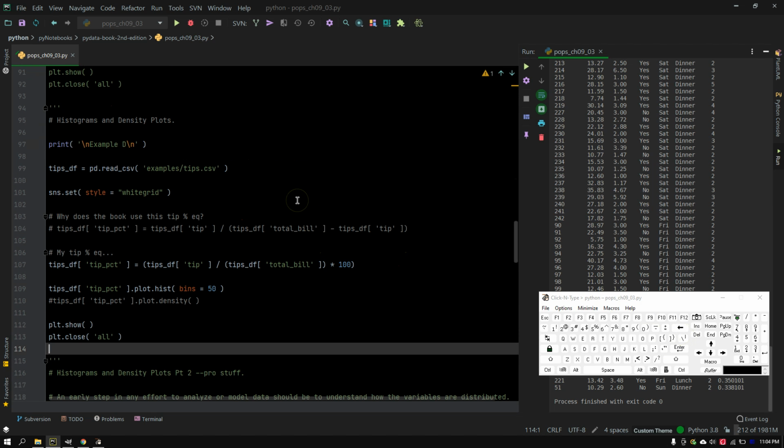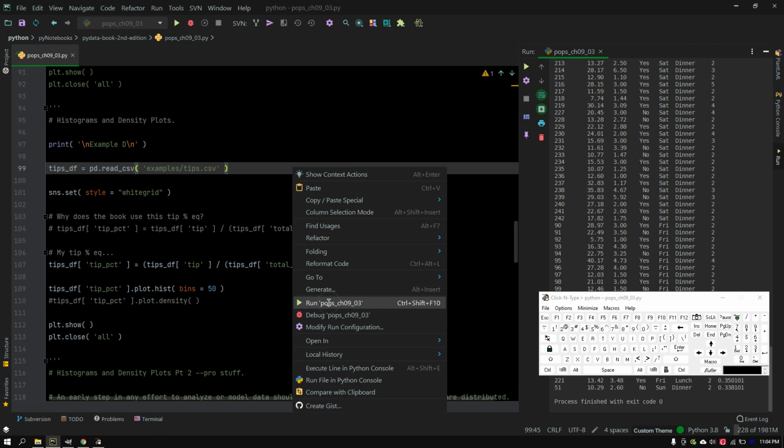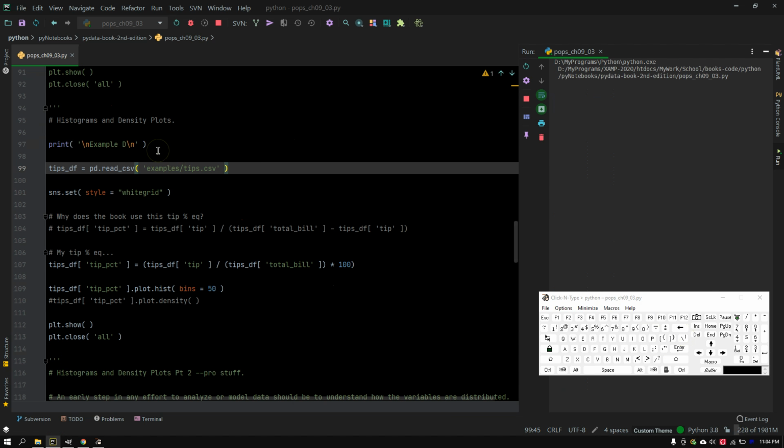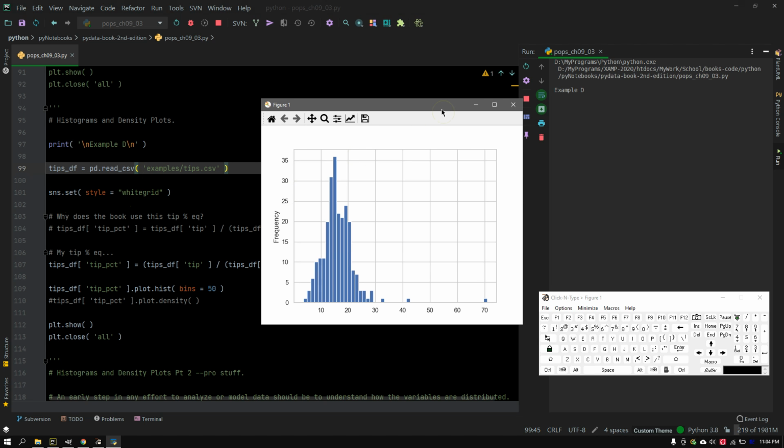Okay, for this one, I'm going to run it because it takes so long. We're going to do histograms and density plots. We read the tips database into a pandas data frame. We set the style as a white grid for the Seaborn style.